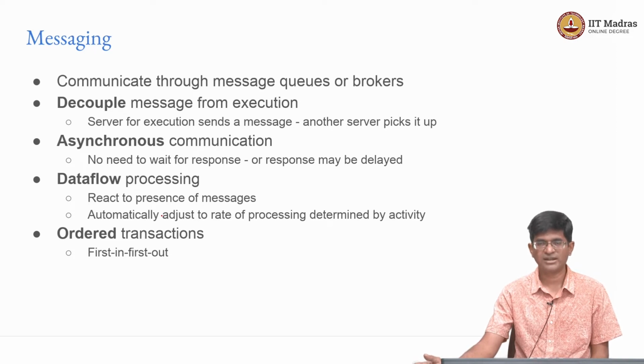And one final important factor that we would like to have with regard to these messages is, can we have ordered transactions? In other words, it should be first in, first out. Let's say that multiple people are trying to buy something on an e-commerce site. So rather than waiting until which of their threads responded first, I just put in the messages saying, okay, so and so wanted to buy, somebody else wanted to buy, somebody else wanted to buy.